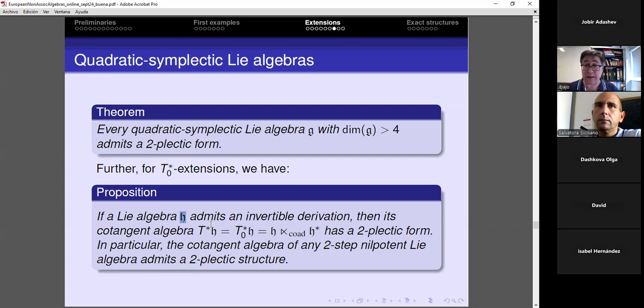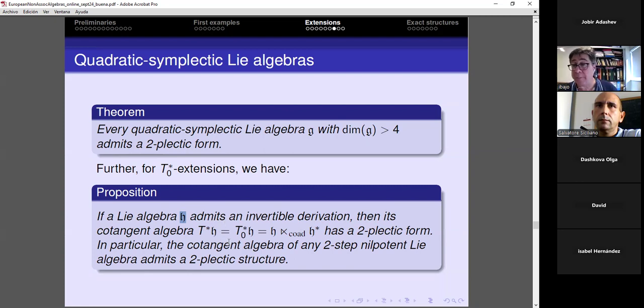And this is the case of every two-step nilpotent Lie algebra. If we take H, the two-step nilpotent Lie algebra, then its cotangent algebra is also a 2-plectic Lie algebra.